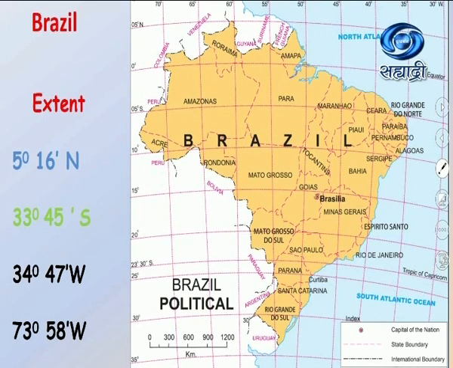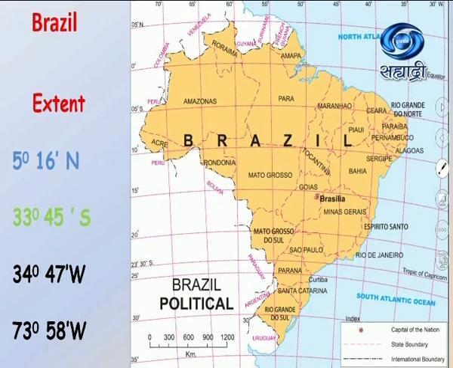So maximum part of it lies in the torrid zone. So this is the torrid zone between the equator and the Tropic of Capricorn. Then it again lies in the western hemisphere, that is between 34 degrees 47 minutes west to 73 degrees 58 minutes west. So this was the extent of Brazil.